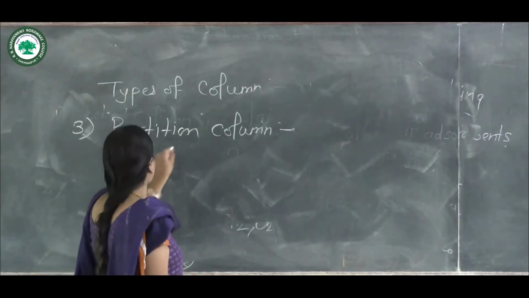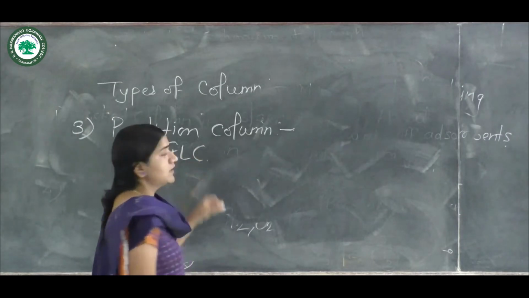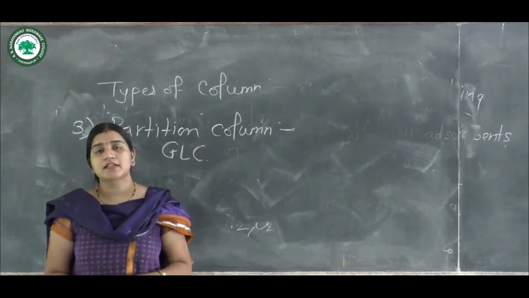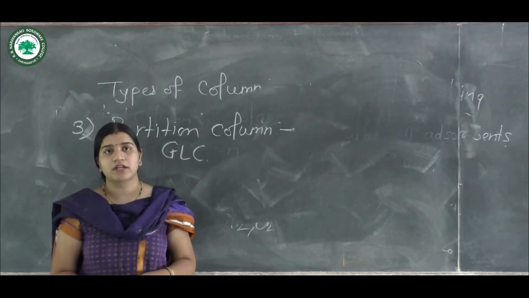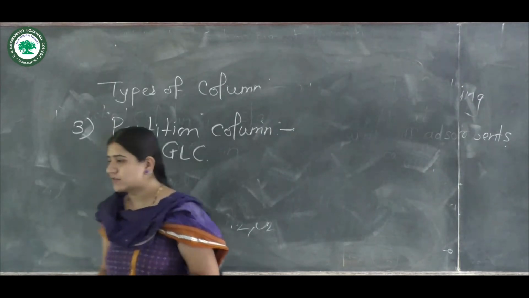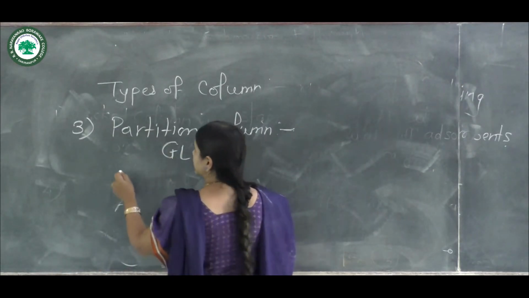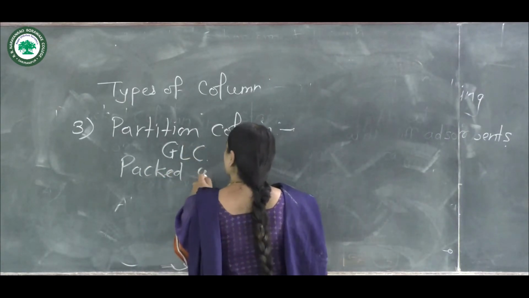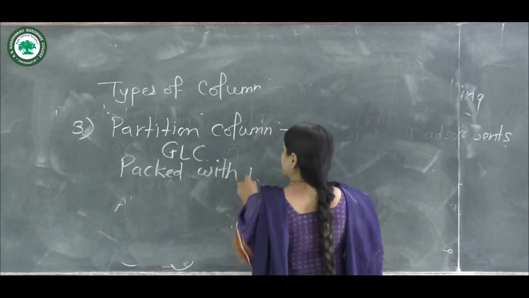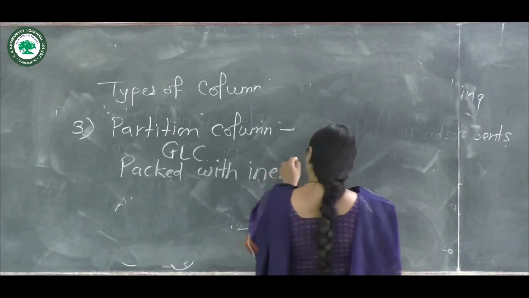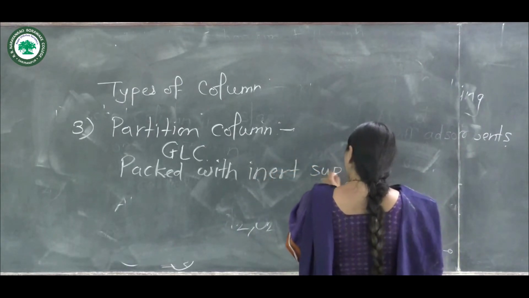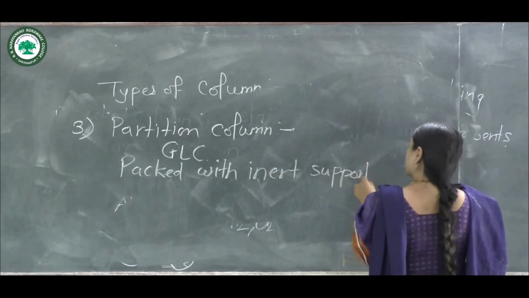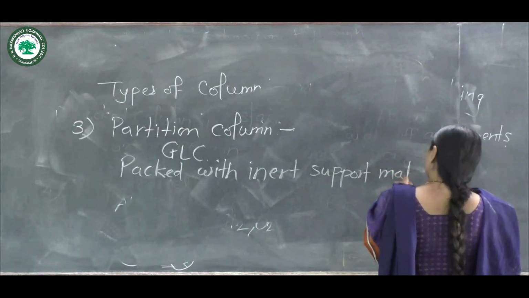Now partition columns are basically used in GLC. GLC means gas liquid chromatography. In case of partition columns, these columns are packed with inert support material.